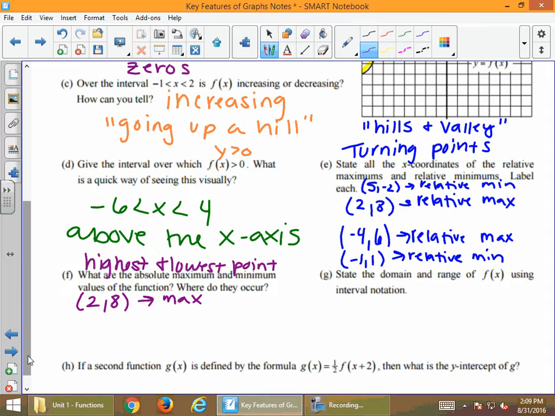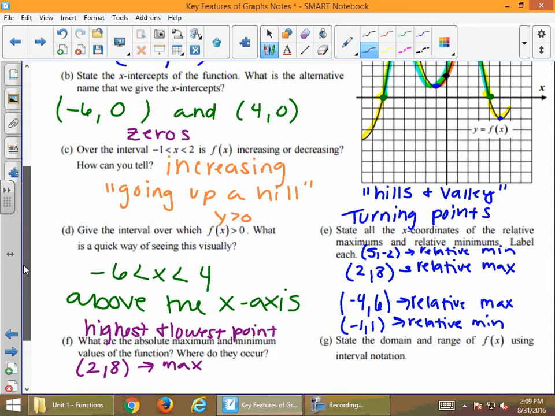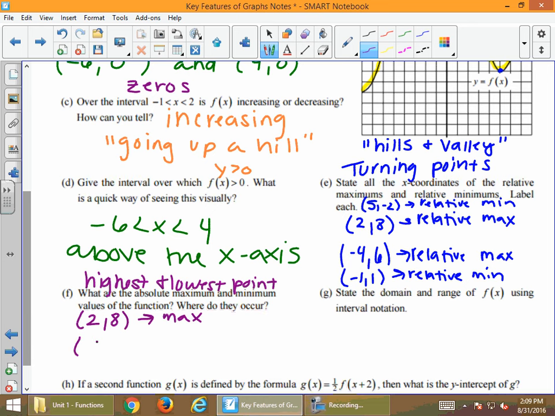What's our absolute lowest point? Okay, 5, negative 4. Because it's our lowest point, it's going to be our absolute min. Questions over that? Our highest point is 2, 8.